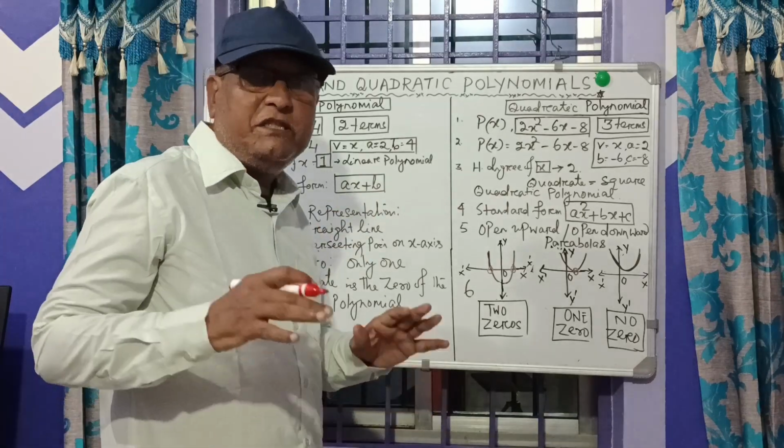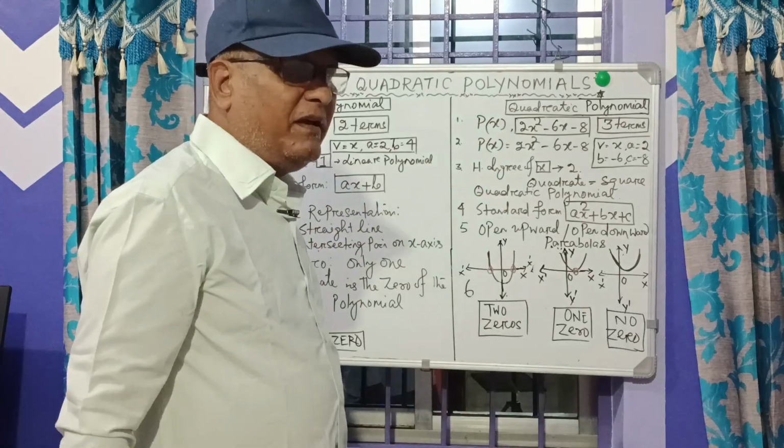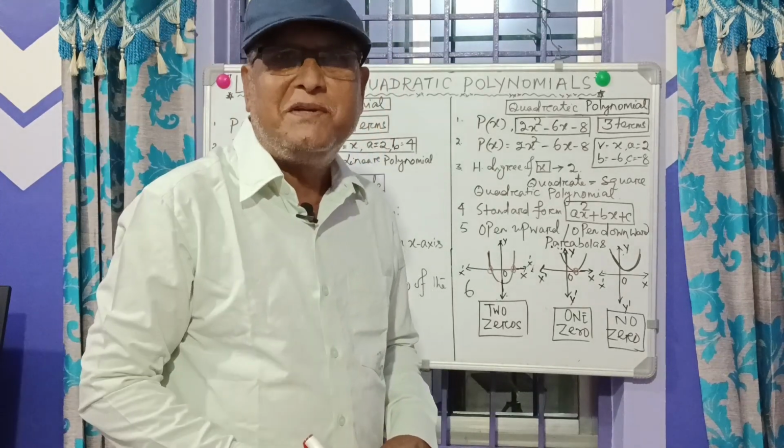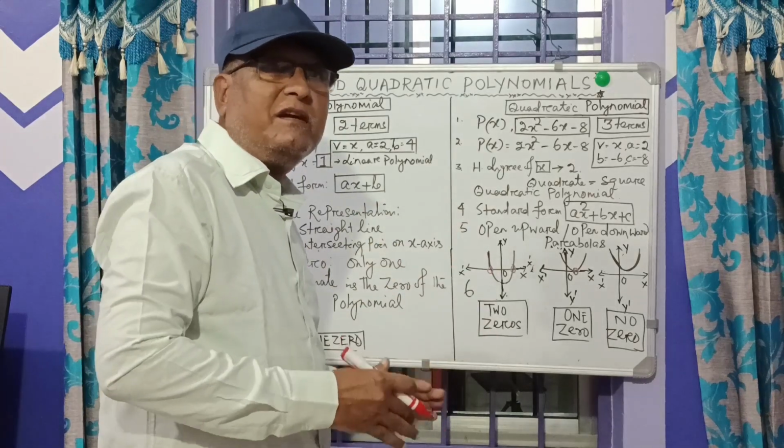Now the graphical or geometrical representation of a linear polynomial. What does linear mean? A straight line. So it represents a straight line.